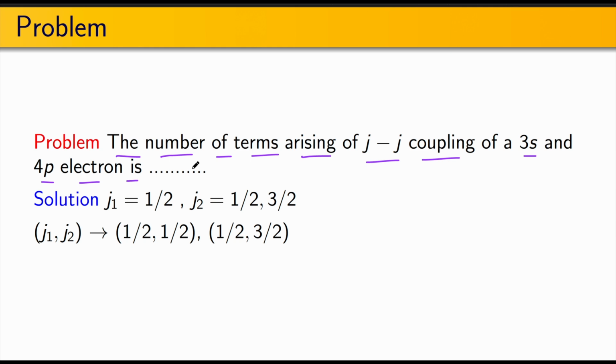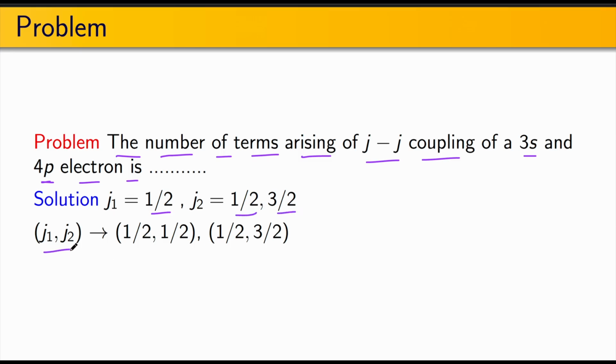For the 3s electron, S is 0, L is 0, and spin is half, so there is only one option for J1, that is half. For 4p, L is equal to 1 and the electron spin is half, so there are two options for J2, half and 3 by 2.